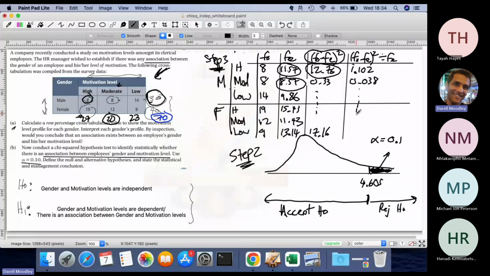And you do this all the way to the last row. Okay, so I'll make some space here. And the last value you should get there is 1.306.